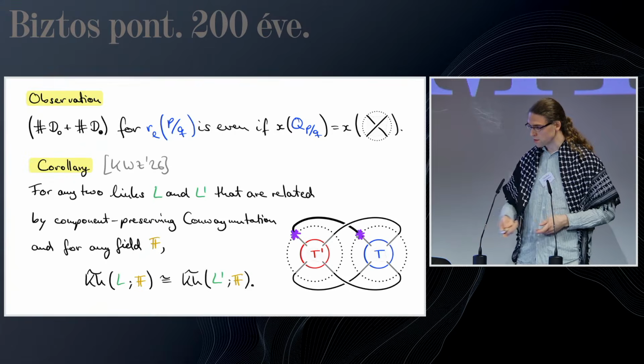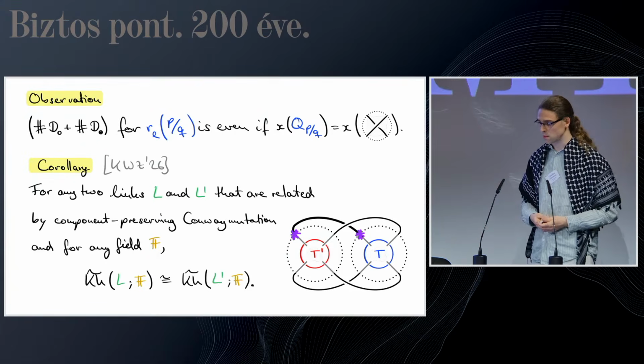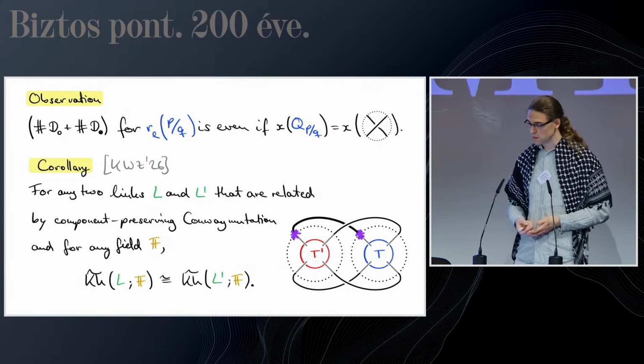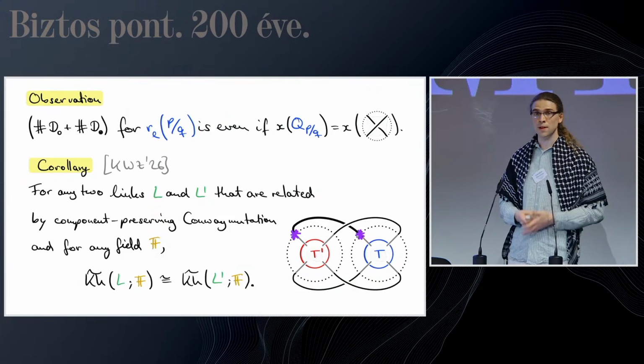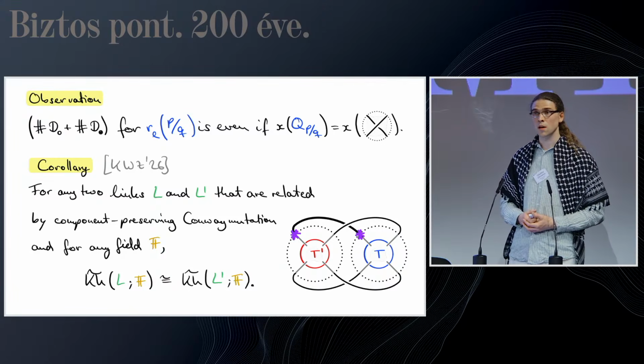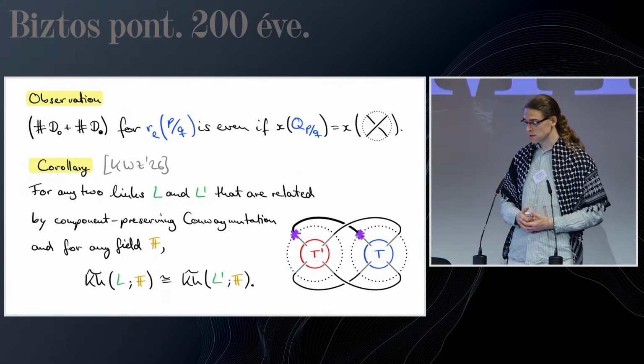So we can improve the same arguments on the previous slide, which gives you this improvement that, in fact, Conway mutation preserves the Khovanov homology over any field if the mutation is component preserving.